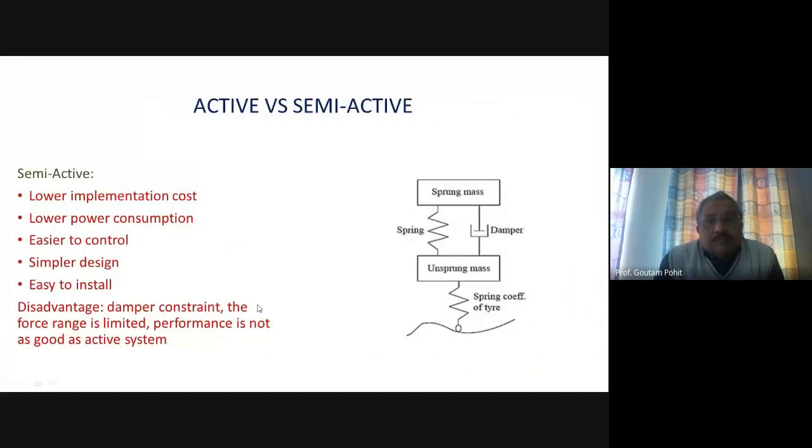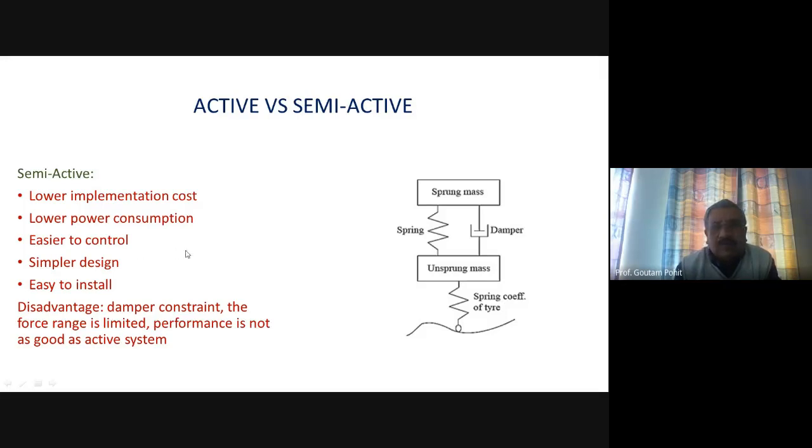Now, there is a comparison between semi-active and active suspension system. For semi-active, implementation cost is low. This is basically the semi-active suspension system where we can change these damper properties. Lower power consumption, easier to control, very simple design.